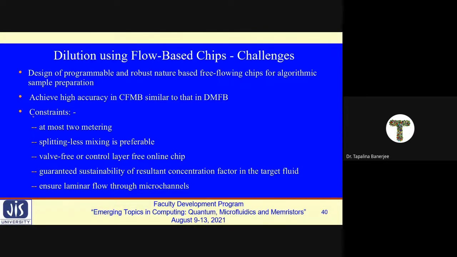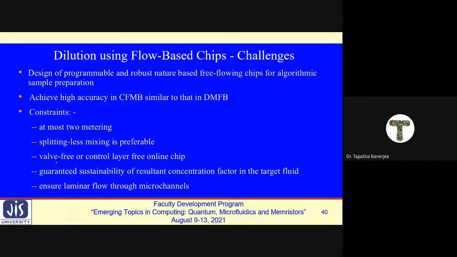Now, here are a few constraints that I have jotted down. We can take care of all of these, and we may include a few more in future also. At most two metering, meaning two different types of fluid injections, speed or something like this. We need to avoid splitting as much as possible so that volumetric error can be avoided.